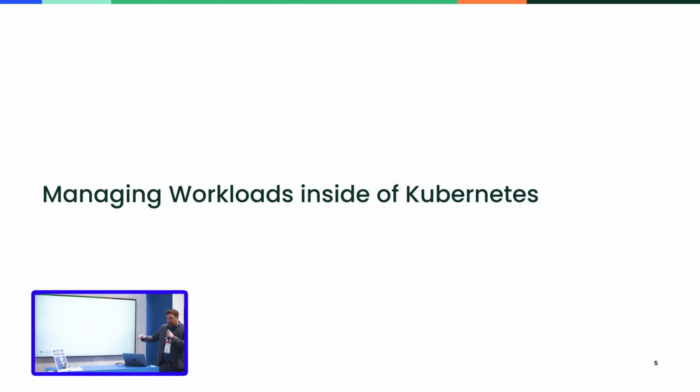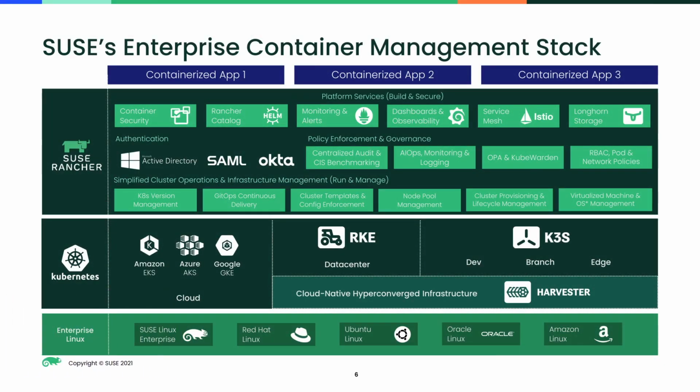With Rancher, you get a single pane of glass that allows you to manage everything from one to thousands of Kubernetes clusters, regardless of where they are. They can be on your developer laptop, they can be in the data center somewhere on premise, even completely air-gapped. They can be in the cloud and also in any kind of IoT and edge environment. And also regardless of what Kubernetes distribution you're running.